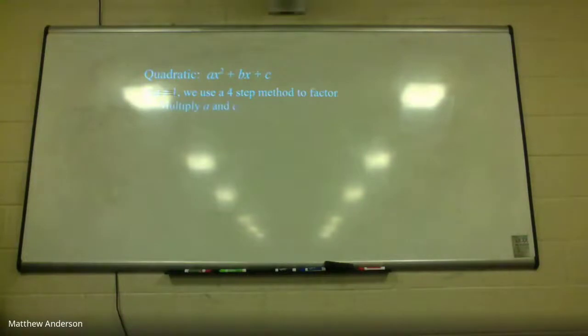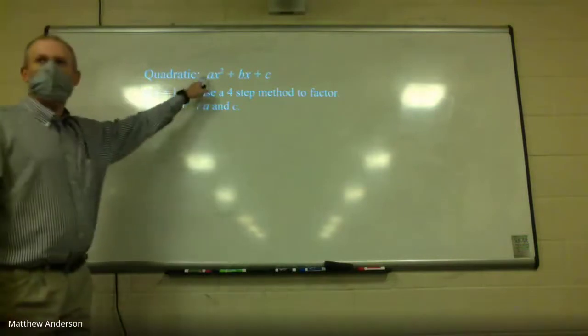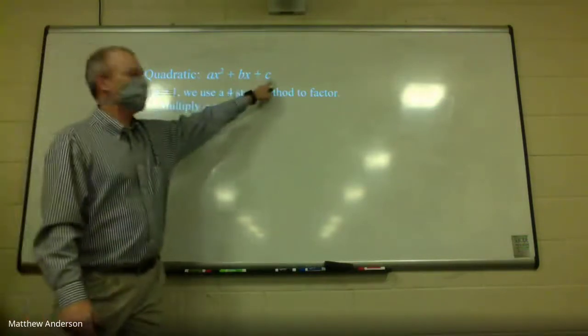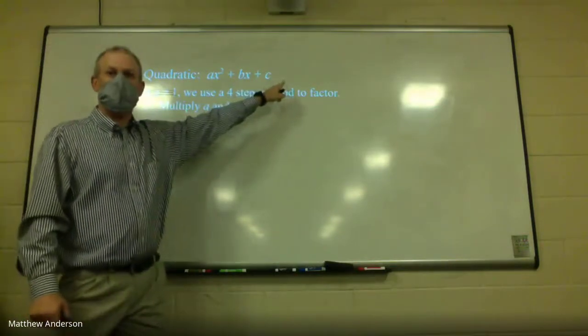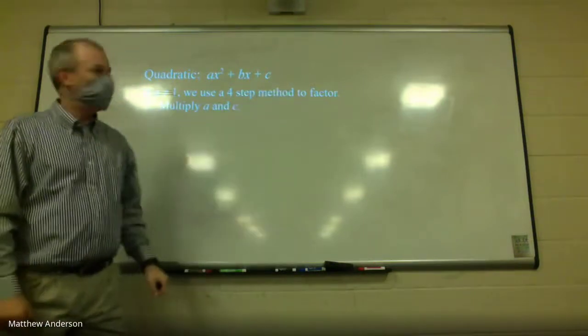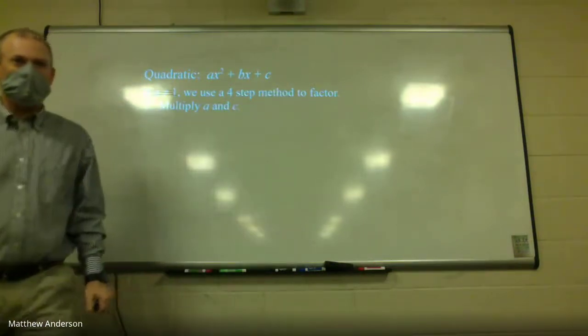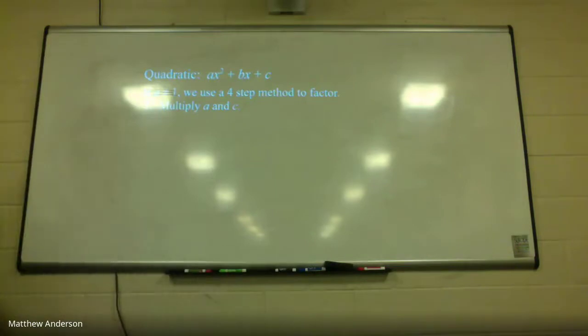First step, we're going to multiply the a value times the c value. So that means the number that's in front of the x squared times the number that's over here all by itself. We're going to multiply a times c. The next thing we're going to do is find factors of a times c. So a times c is just going to be a number.